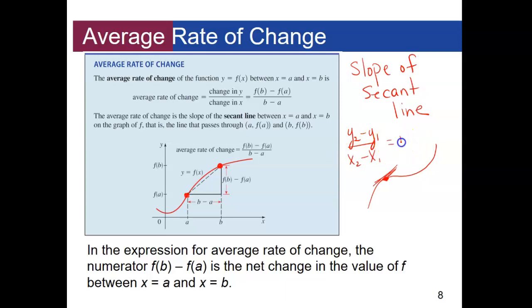And if you recall, that's the formula for slope. Another way of writing that would be f of b minus f of a over b minus a, or that's the same thing as net change over b minus a. So your net change is actually the numerator in the average rate of change formula.